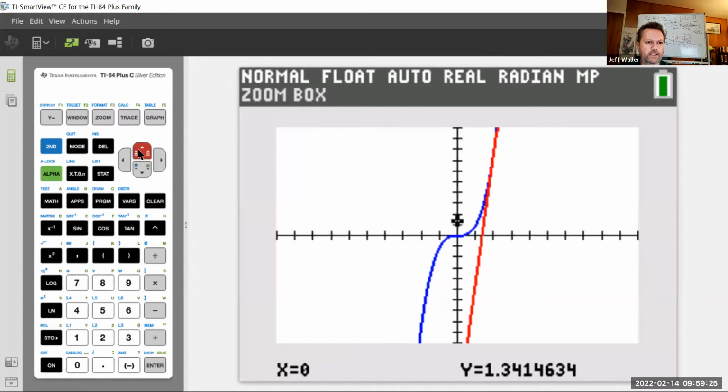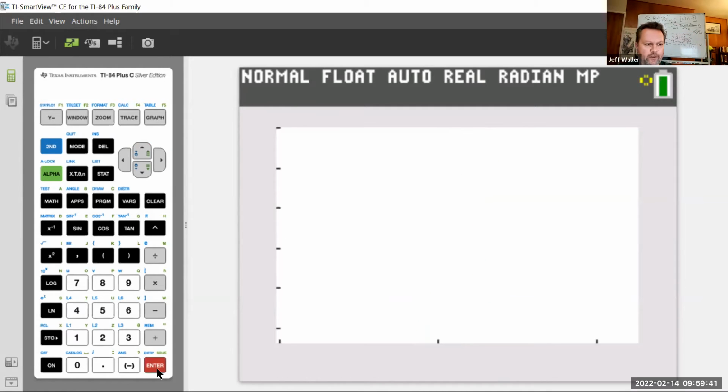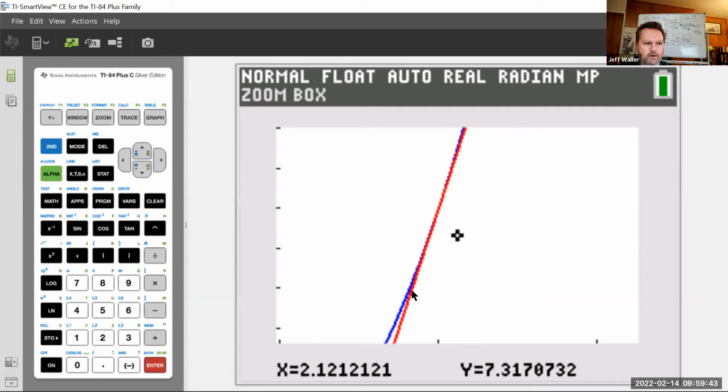What Zoom Box does is you can put the cursor anywhere and then you hit enter. And now that is the bottom corner of a box. This is sort of like enhance in CSI or whatever. So I can zoom in on that piece of the graph. Bam.